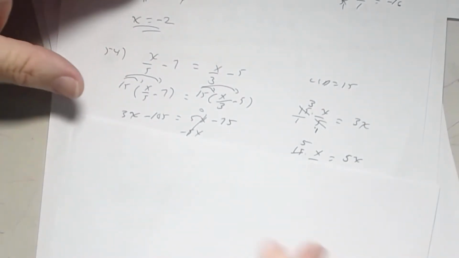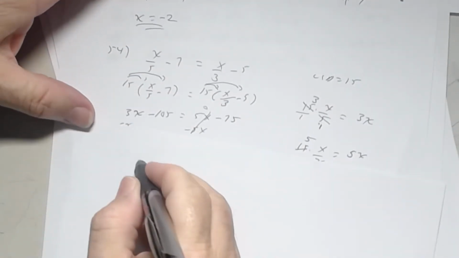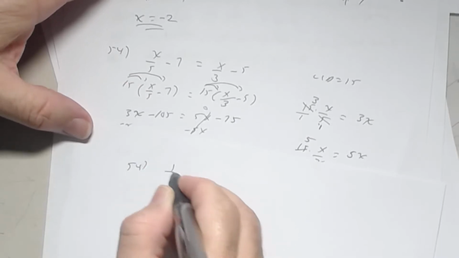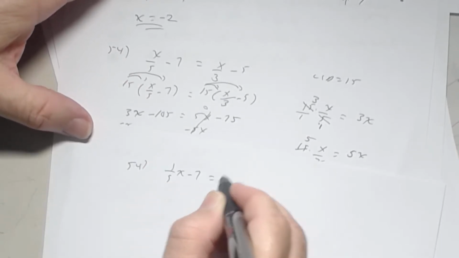If you rewrite it, so remember a while ago, one of the problems I said if you had x over 5 minus 7, that's really 1/5 x. So she wants to write it like that. So she would say 1/5 x minus 7 equals 1/3 x minus 5, right? Yeah. Okay, and so the LCD is 15. So you would still do the same thing.